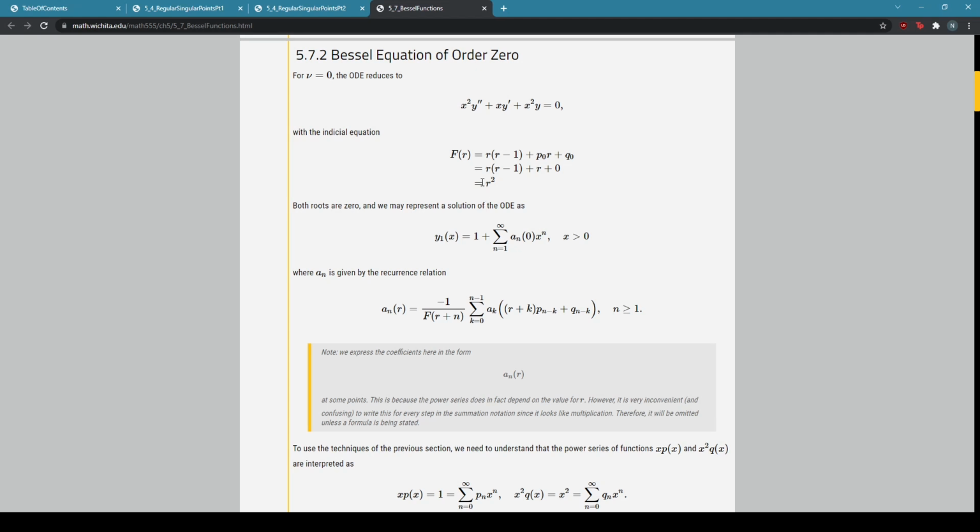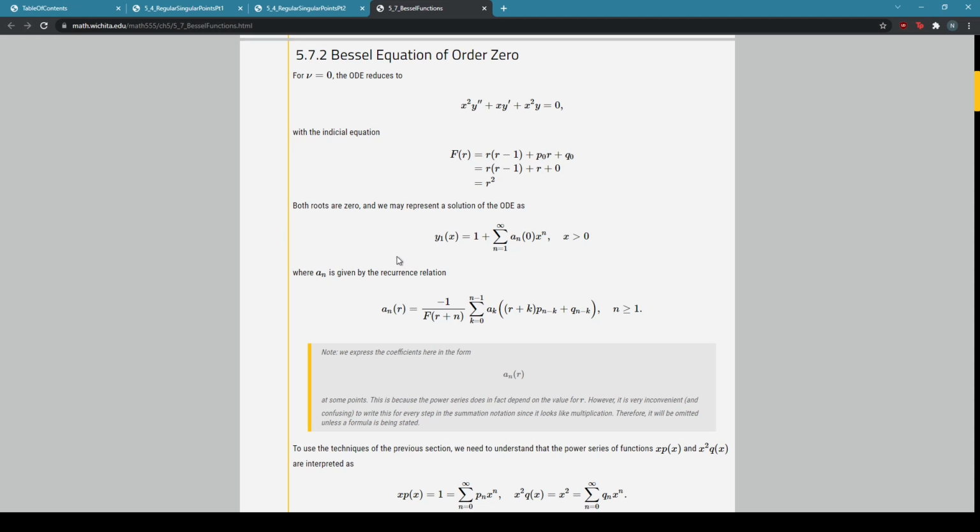This leaves us with r squared. Sorry about that. Both exponents of the singularity are 0.